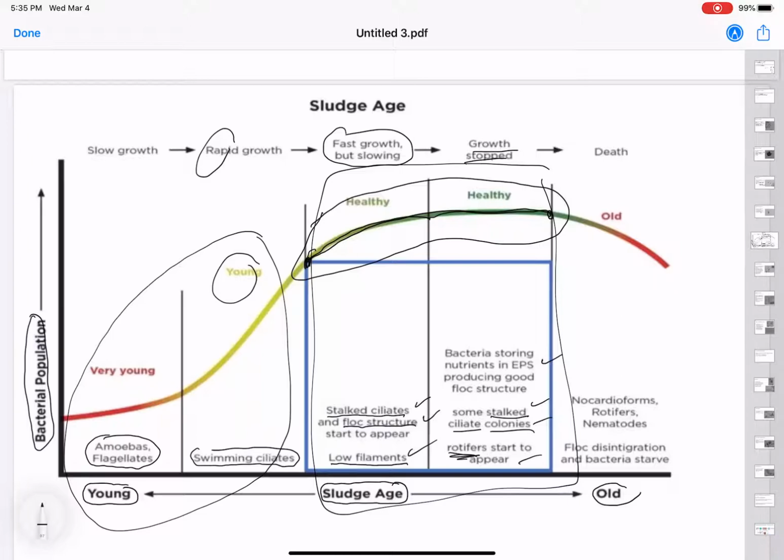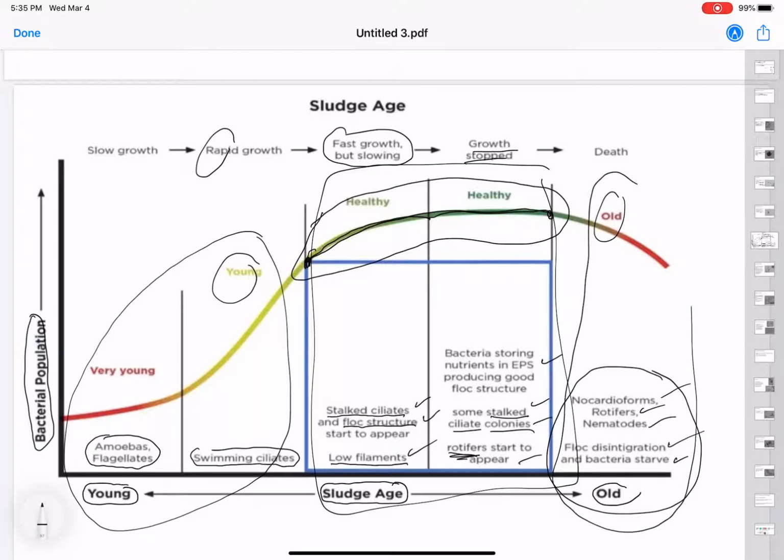Now, when the microorganisms become older, in the old stage, you will see Nocardia forms, rotifers, nematodes, floc being destroyed, floc disintegration, and bacteria starvation. Well, we don't need the microorganisms to come to this level, because this means everything is going down. So we need this type of healthy microorganisms.